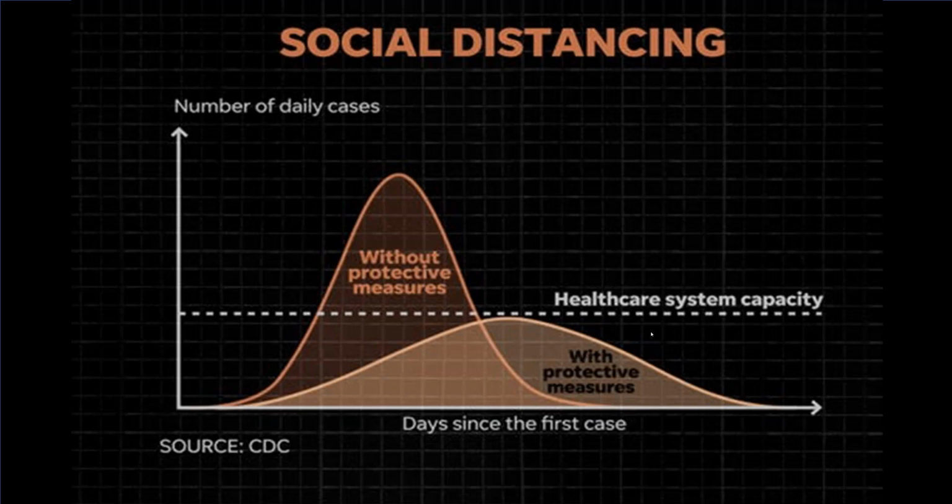I hope this makes sense, and let's actually get to the sketchpad where I can break this down a little further and talk about the four factors that influence this social distancing and how social distancing can spread the disease over a longer period of time.